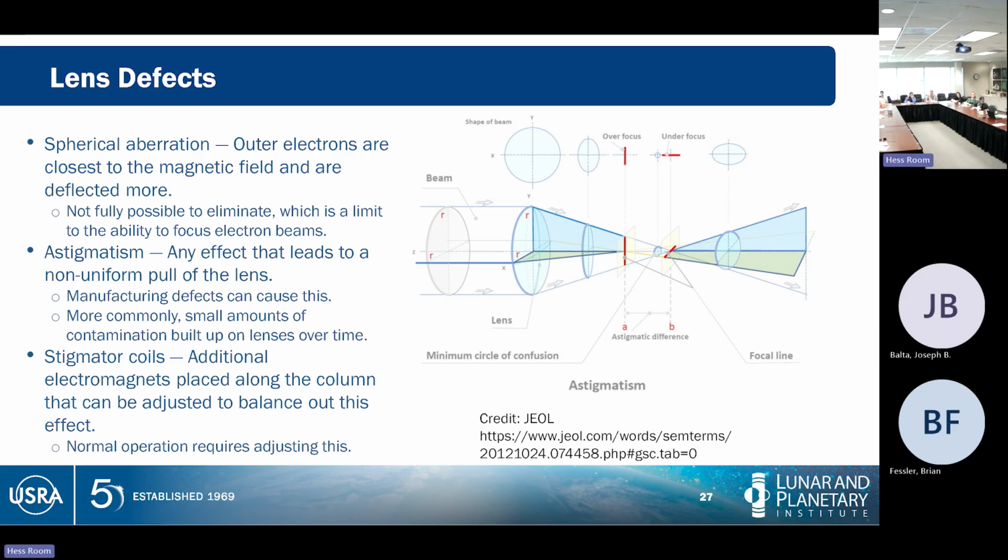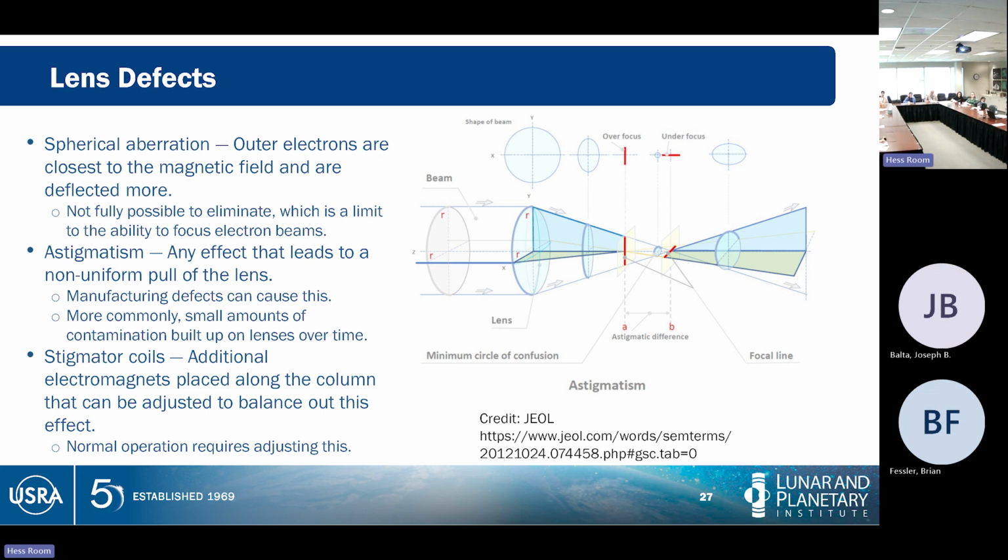The other effect on here is astigmatism, which is the complicated figure at the left. It's any effect that leads to a non-uniform pull of the lens. In astigmatism, we have a lens here. It's trying to focus right here, but something has caused a portion of the beam to instead try to focus here.